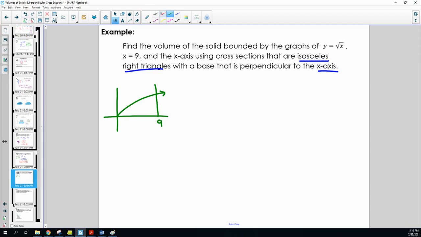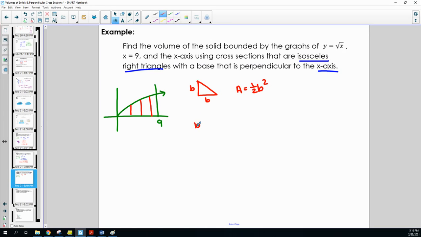Okay, and now I'm using isosceles right triangles. So the base is perpendicular to the x-axis. So here are like my bases of my different right triangles. All right, so I'm looking here. So here's B and here's B. So the area I'm using is going to be half B squared.